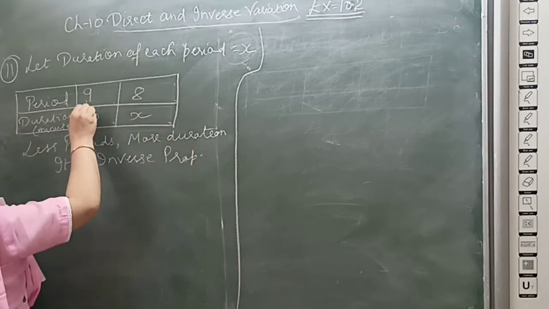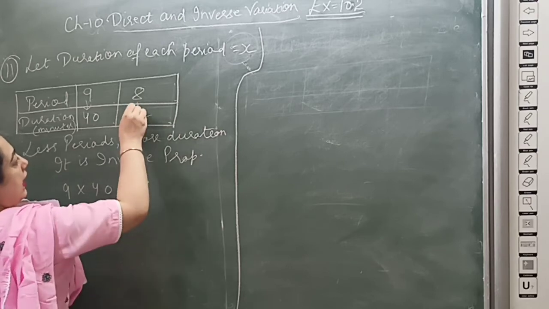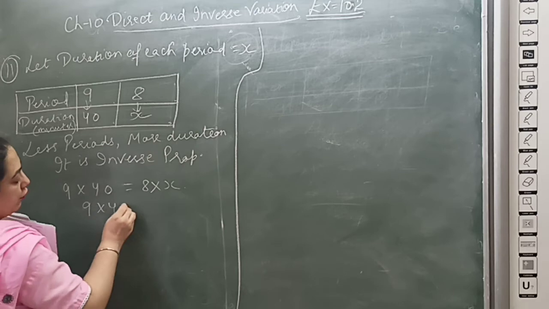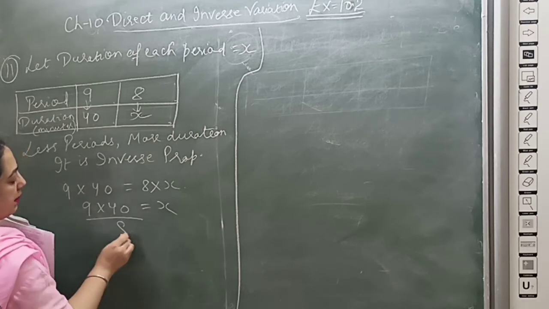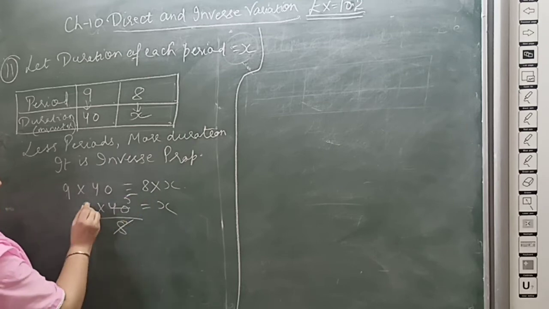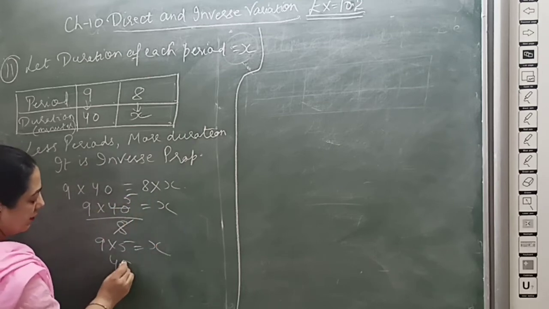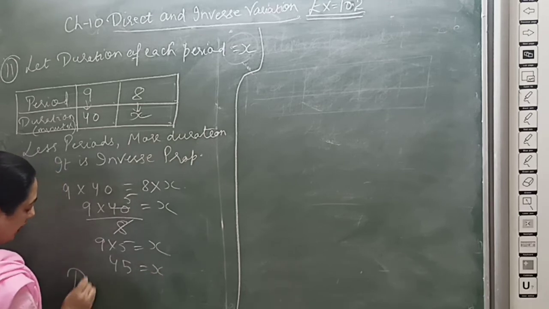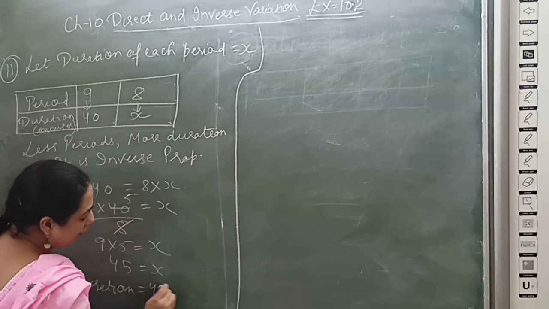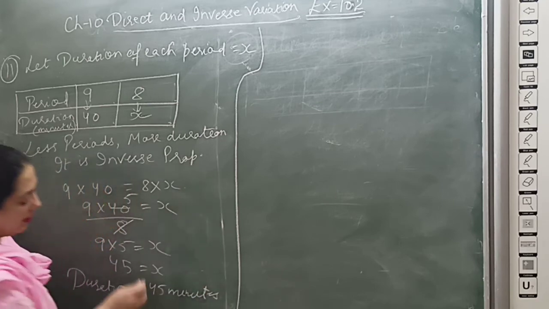So you know, in inverse proportion, 9 into 40 and 8 multiplied with x. 9 into 40 divided by 8 is equal to x. 8 5s are 40 and 9 into 5, we will get 45. So duration is 45 minutes of each period.